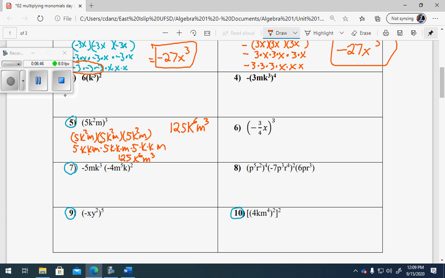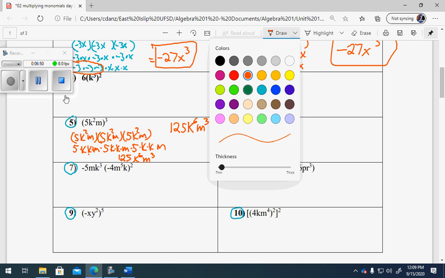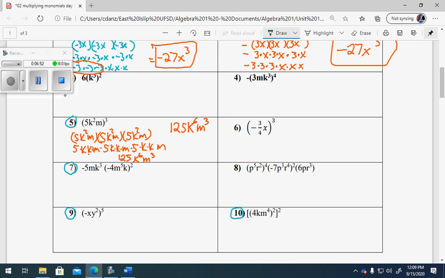Next, I want to do number 7. Number 7 says that we have to do negative 5m k to the 3rd, and I'm multiplying it by negative 4m to the 5th k, all raised to the 2nd power. So following the order of operations, exponents come first. So I have to take care of this first.